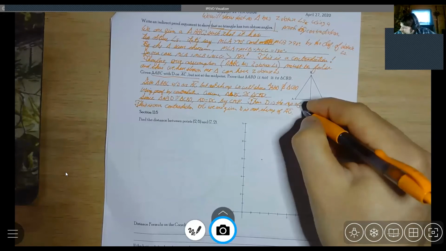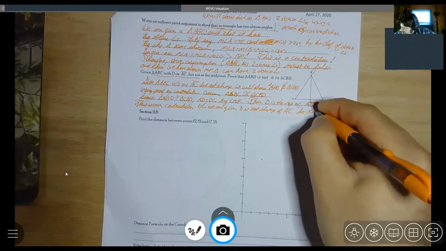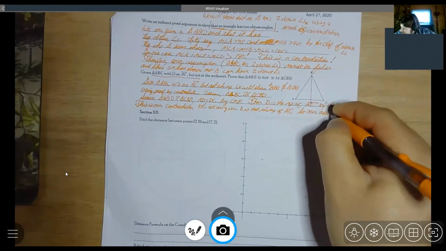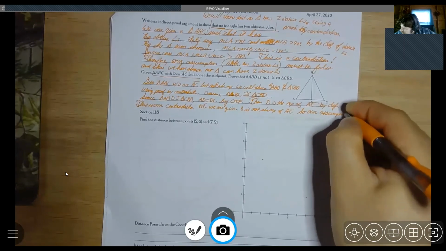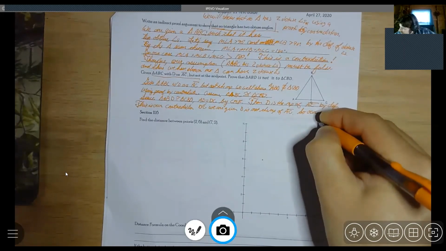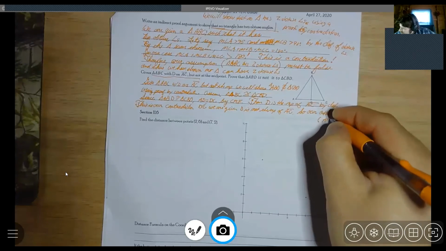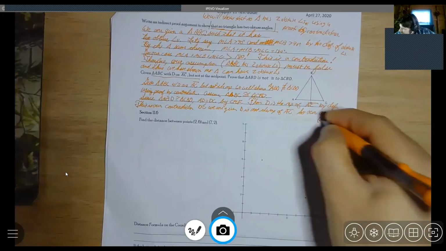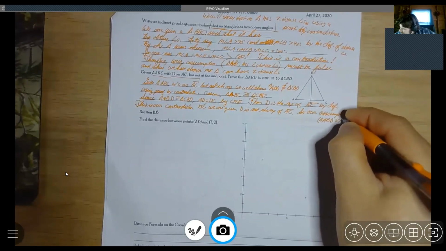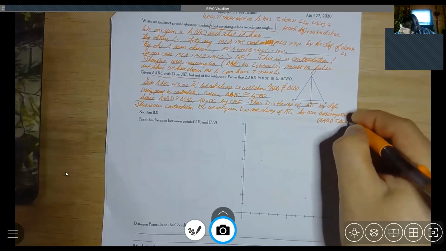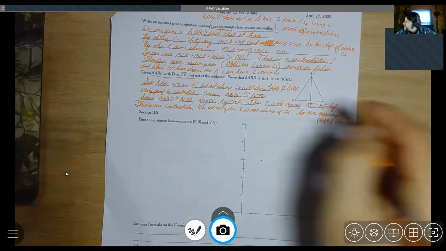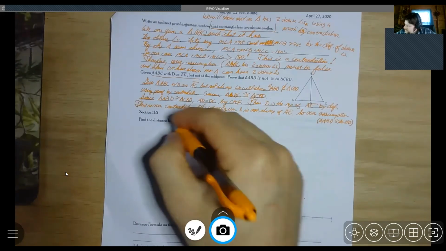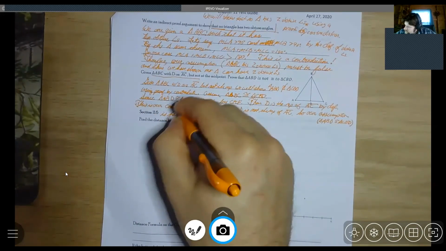So our assumption, which was that the two triangles are congruent, is false.